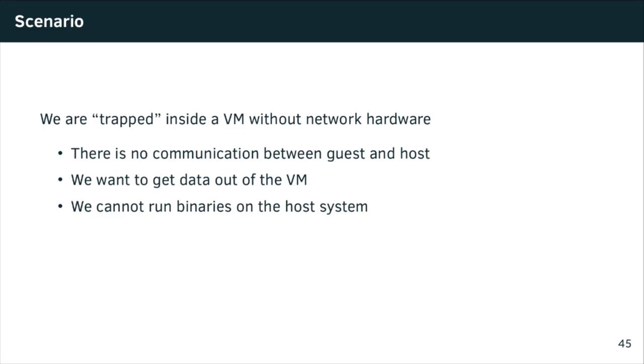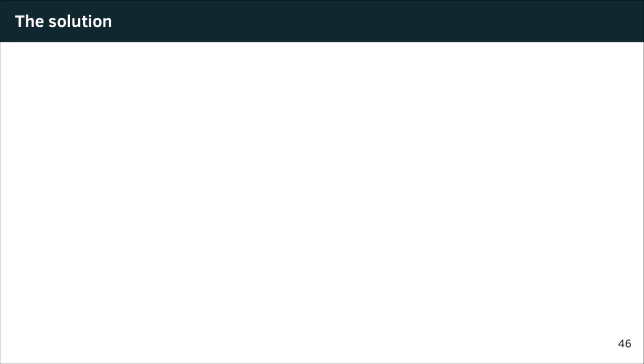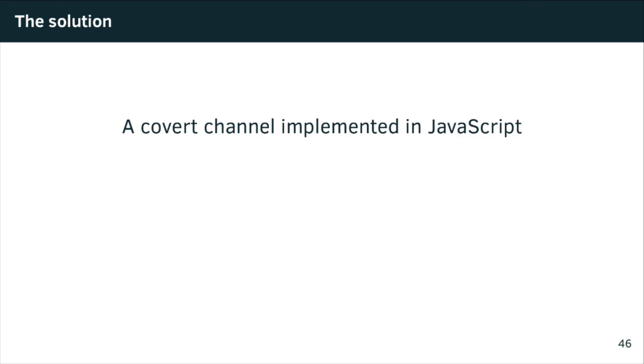You're not allowed to install software there or run something there, just a normal host system that is monitored. And then you don't have any software bugs. So there are no bugs in the host, in the guest, or in the virtualization software. So absolutely no way to exploit something in software to get data out of the virtual machine. And what is the solution here?